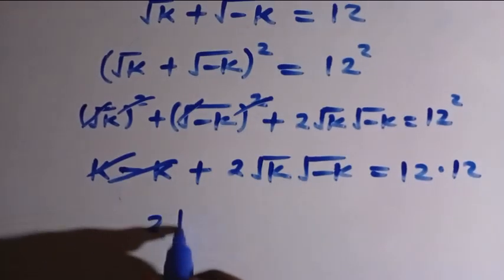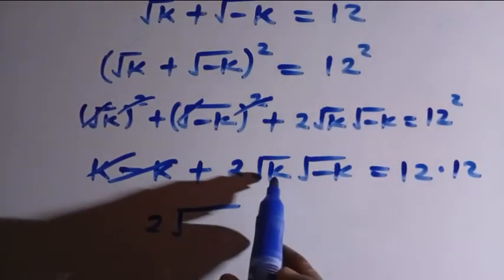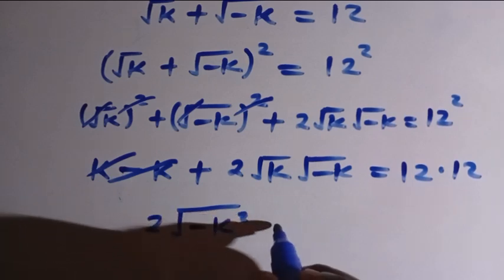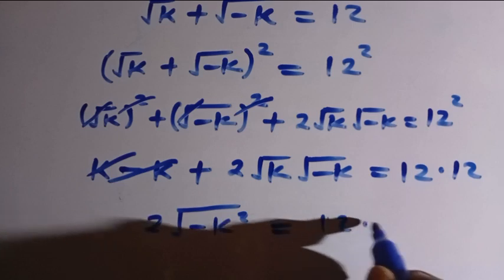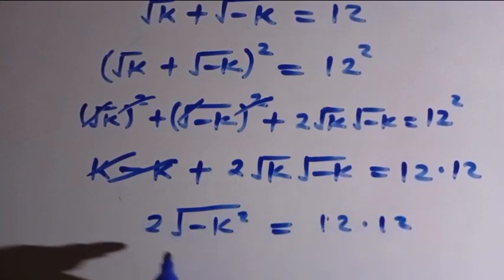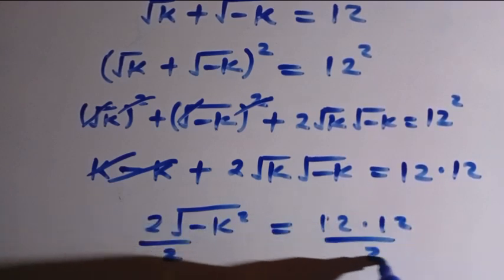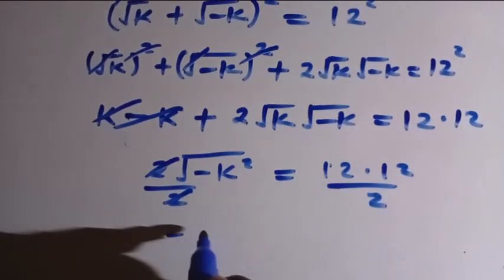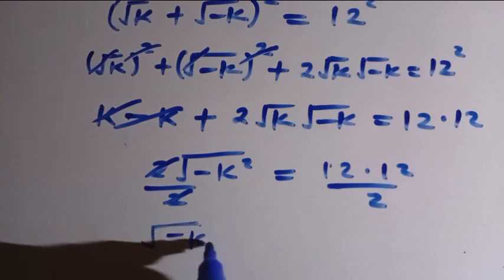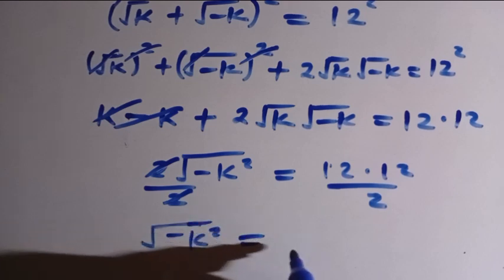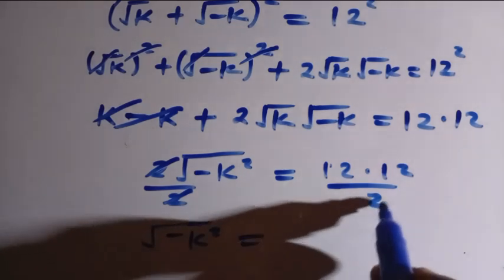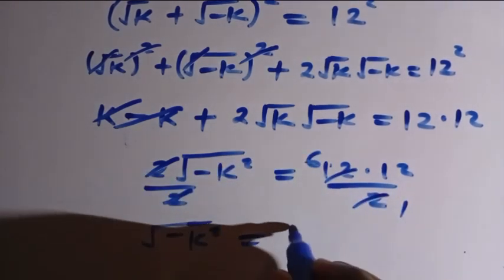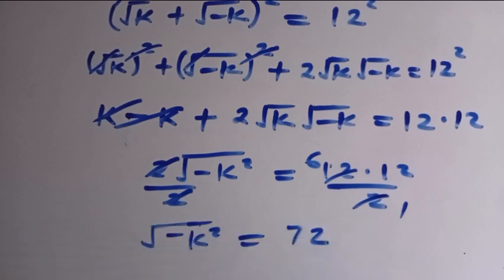Then here we have 2 square root of minus k squared, equals 12 times 12. So let's divide both sides by 2. 2 cancels 2, and here we have square root of minus k squared equals, 12 divided by 2 is 6, so 6 times 12, we have it as 72.